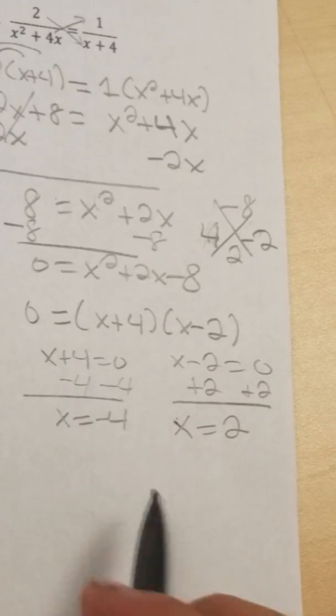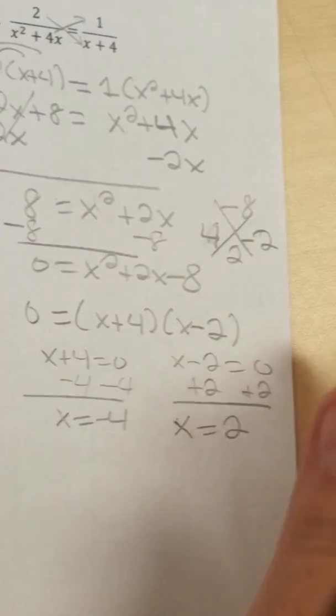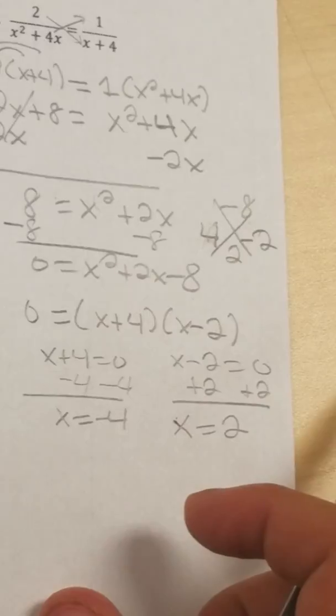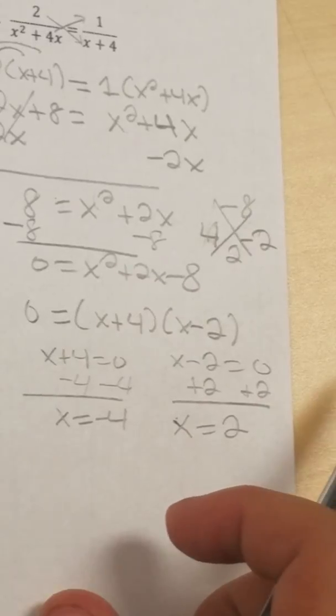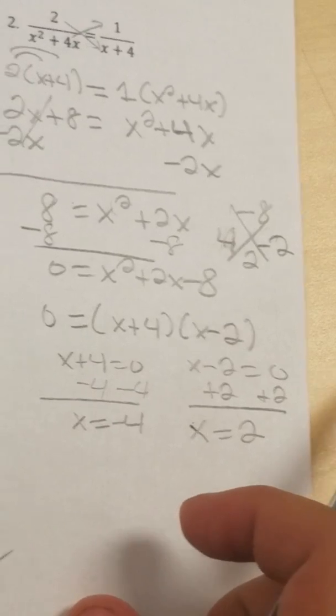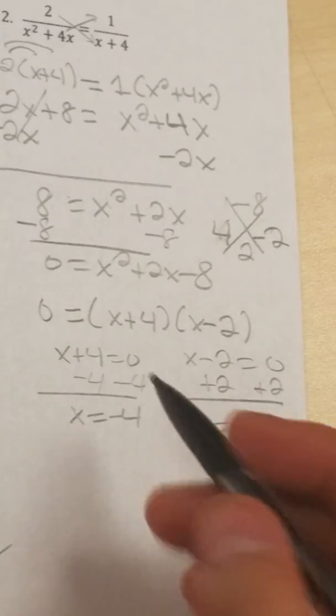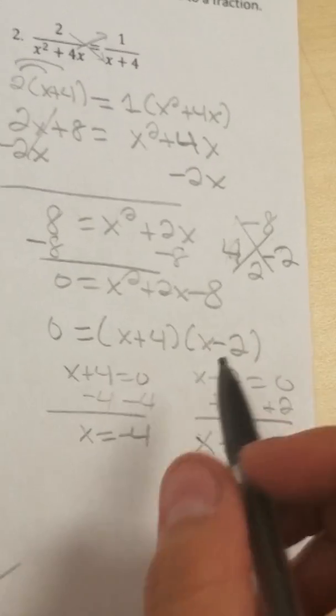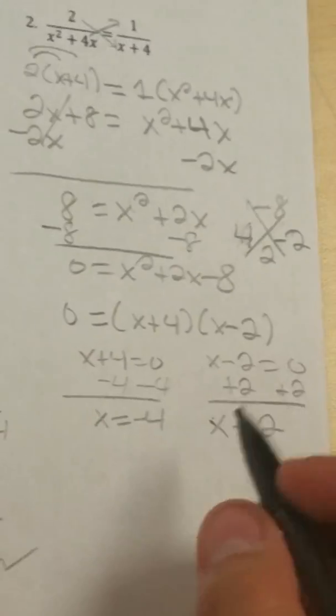All right. And then you make sure that you plug that in so that you don't have any extraneous solutions. So we're going to plug that in just in case. So let's plug in the negative 4. You're going to plug in negative 4 into x.